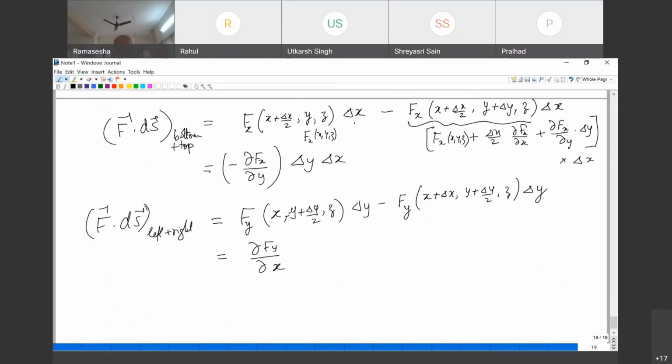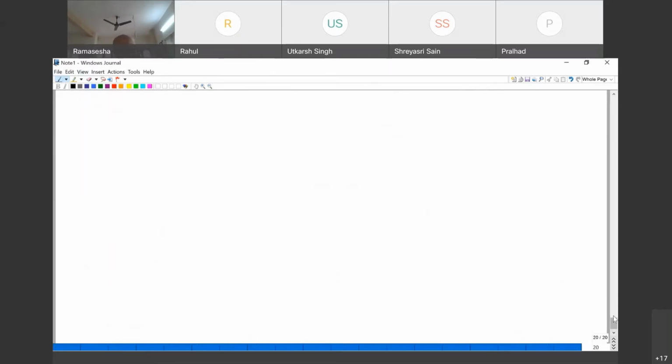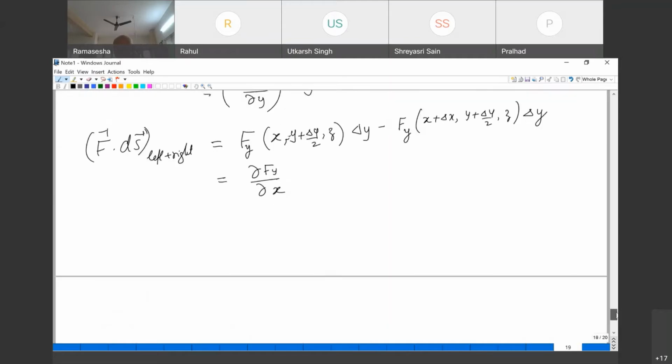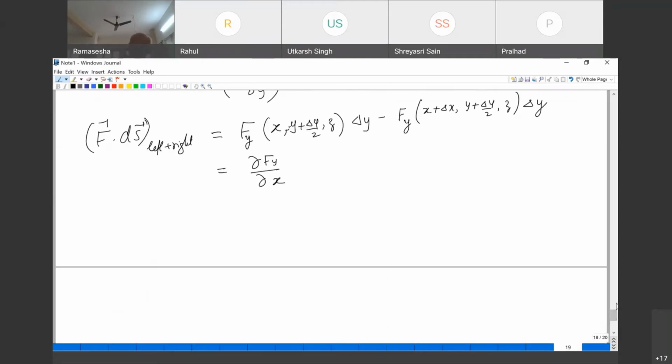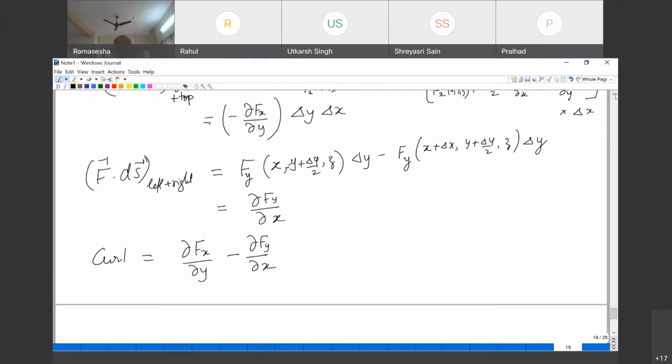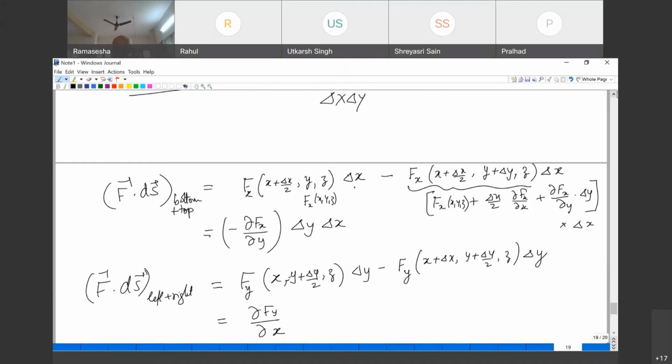Okay. So I have the following, that is curl is equal to del fx by del y minus del fy by del x. I made a sign mistake somewhere.